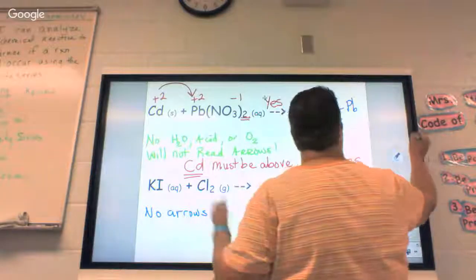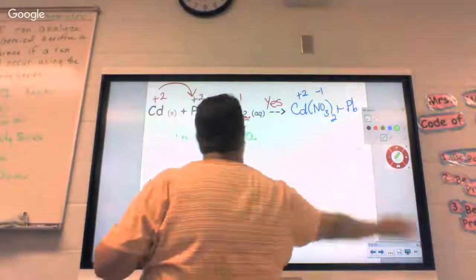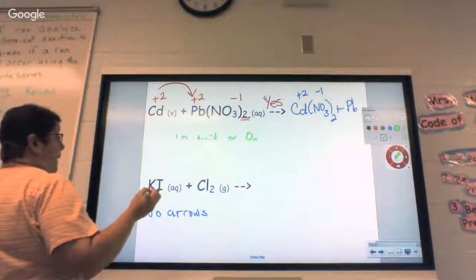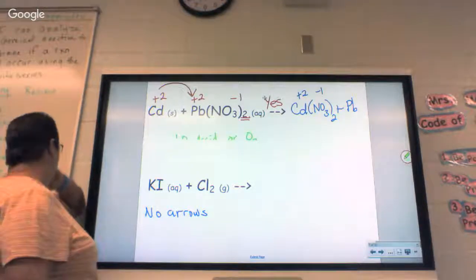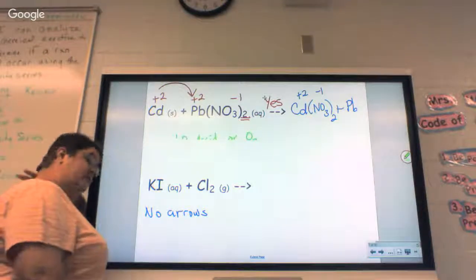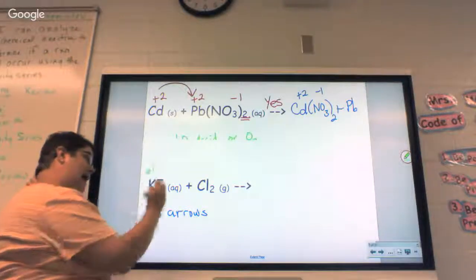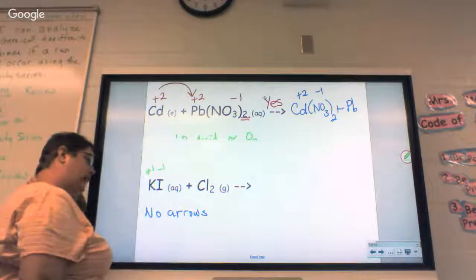So now we're going to use the oxidation number. The oxidation number for potassium would be, iodine would be, and chlorine would be.